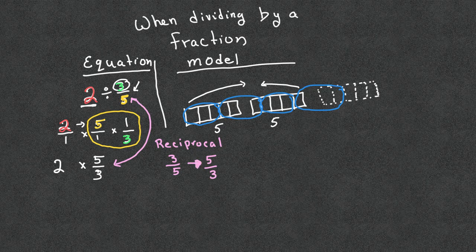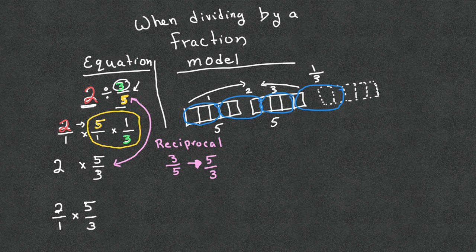Now, just to verify this, because we're always going to be the skeptic, we know that in our last problem we got that if we have 2 divided by 3/5, the answer would be 1, 2, 3, and 1/3. So I should get 3 and 1/3. Let's check it out. So if I have 2 times 5/3, I'm going to rewrite this as 2 over 1 times 5/3.